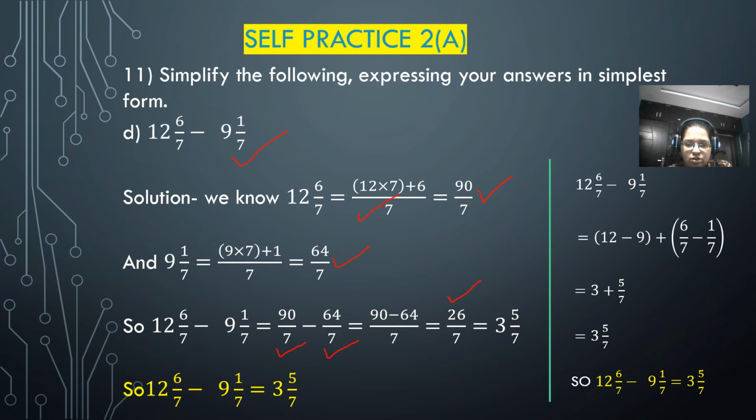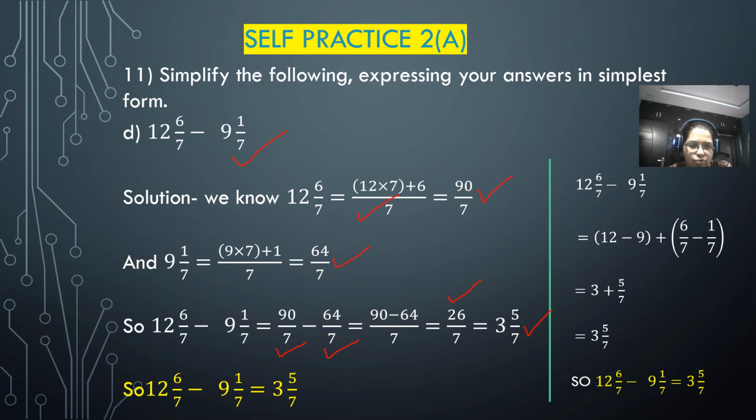So when we express an improper fraction as a mixed fraction, it is quotient, remainder divided by divisor. Quotient is 3, remainder is 5, and divisor is 7. So we get 26 divided by 7 equal to 3 5 divided by 7.